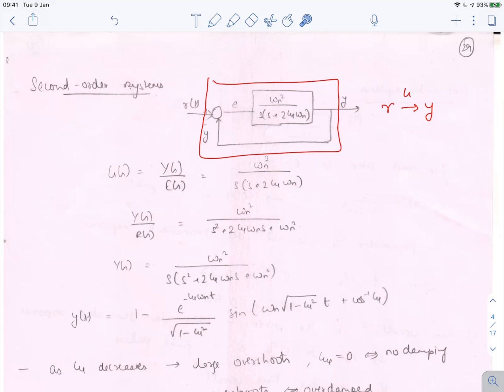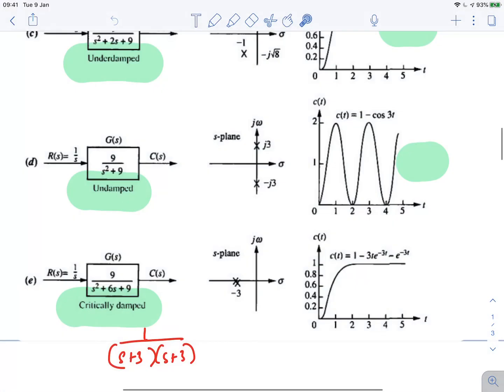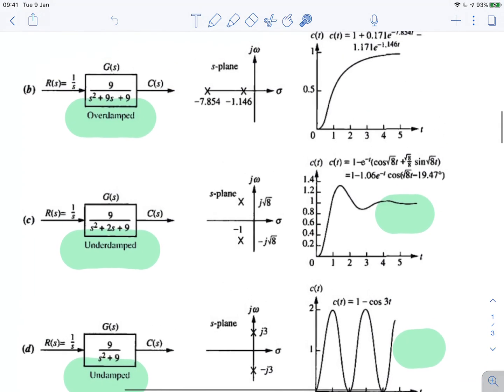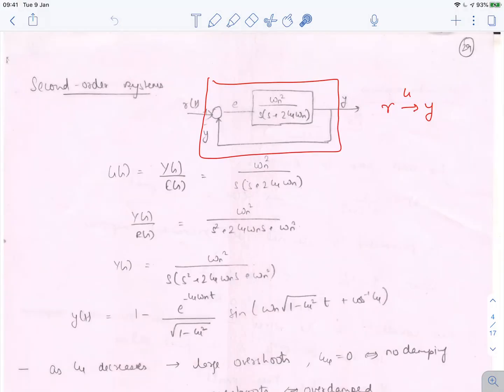We will see why we have specified this omega n and xi, and what is the role of xi, because the transfer functions we had seen in the previous example, for different values of a and b, you could obtain for different values of zeta and omega n.